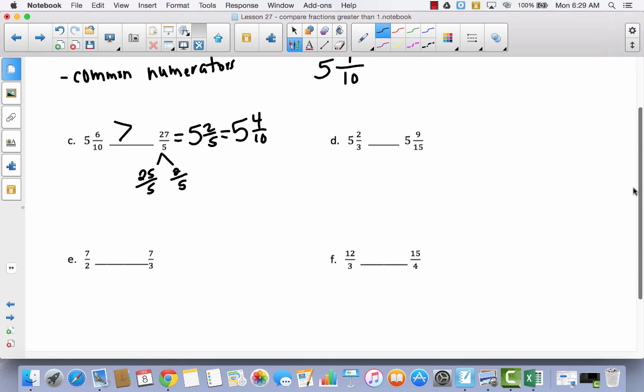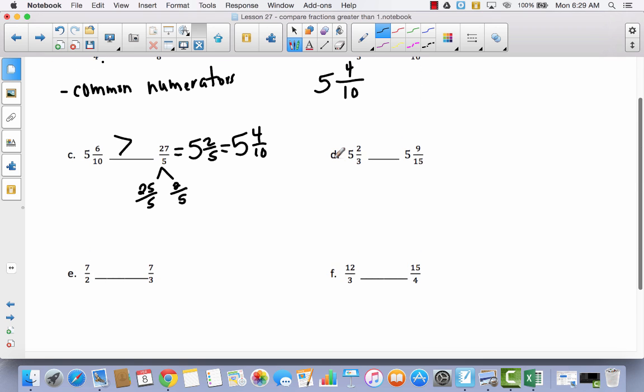All right, so let's take a look at this one. So we've got 5 and 2/3, and we've got 5 and 9/15. All right, so I'm looking at this, and I have thirds and I have 15ths. They are related. I could take these 2/3, and what if I did this? What if I took the numerator and the denominator and I multiplied them times 5?